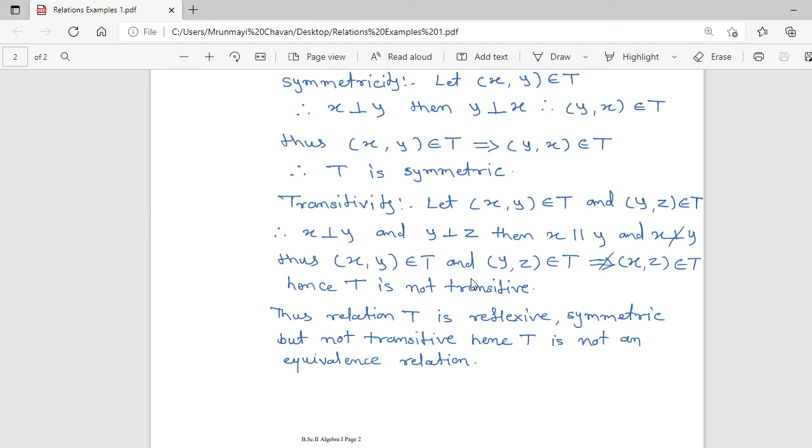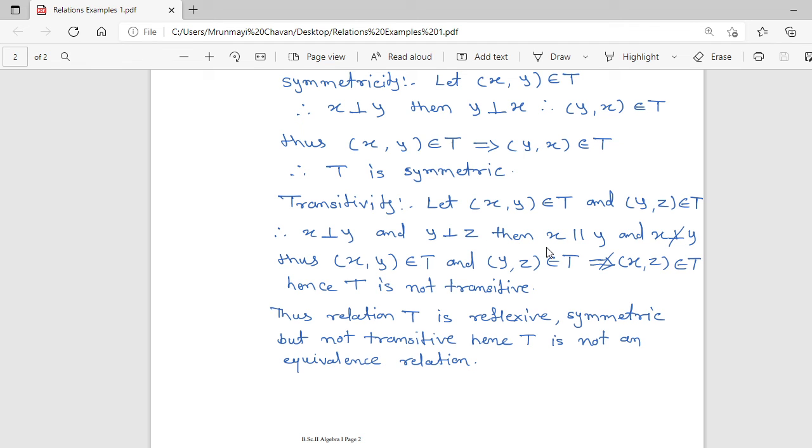Again, for transitivity, let (x,y) belong to T and (y,z) belong to T. That means x is perpendicular to y and y is perpendicular to z.